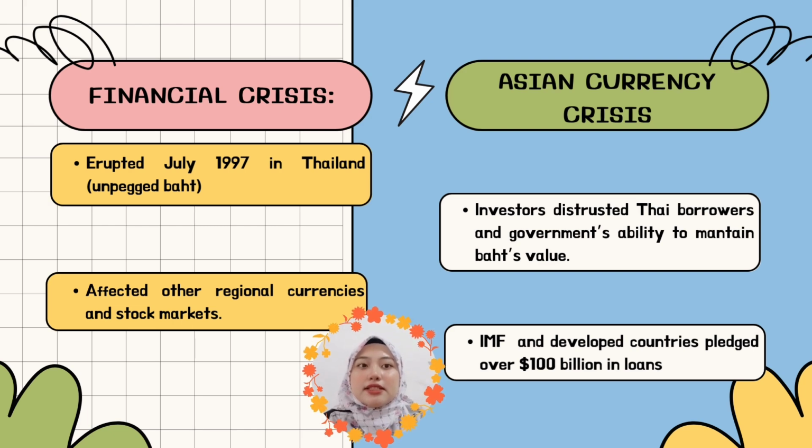To stabilize the situation and prevent a deeper global crisis, the IMF and developed countries pledged over 100 billion in loans and financial assistance to the affected nations. This intervention aimed to restore confidence, provide liquidity, and facilitate economic reforms necessary for recovery.